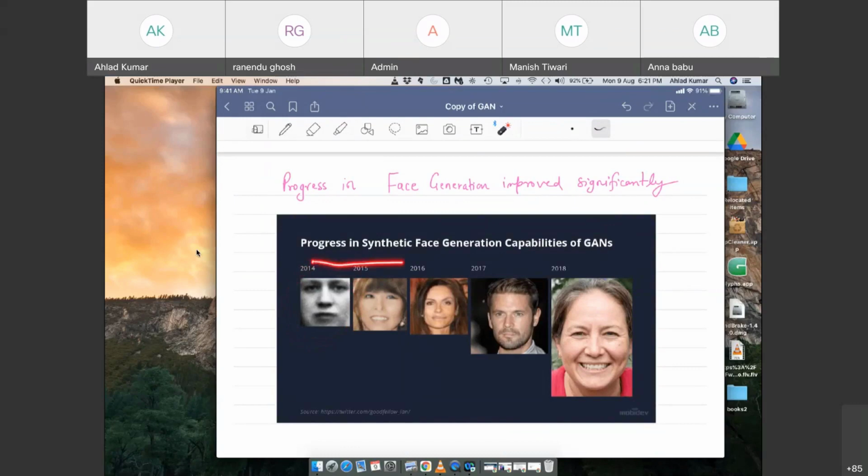But as we progressed from 2014 to 2018, the quality of the picture was much sharper, crisper, and bigger. This shows the progress in GANs. Nowadays there is more competition and advancement, and the quality of images is much better than in earlier cases.